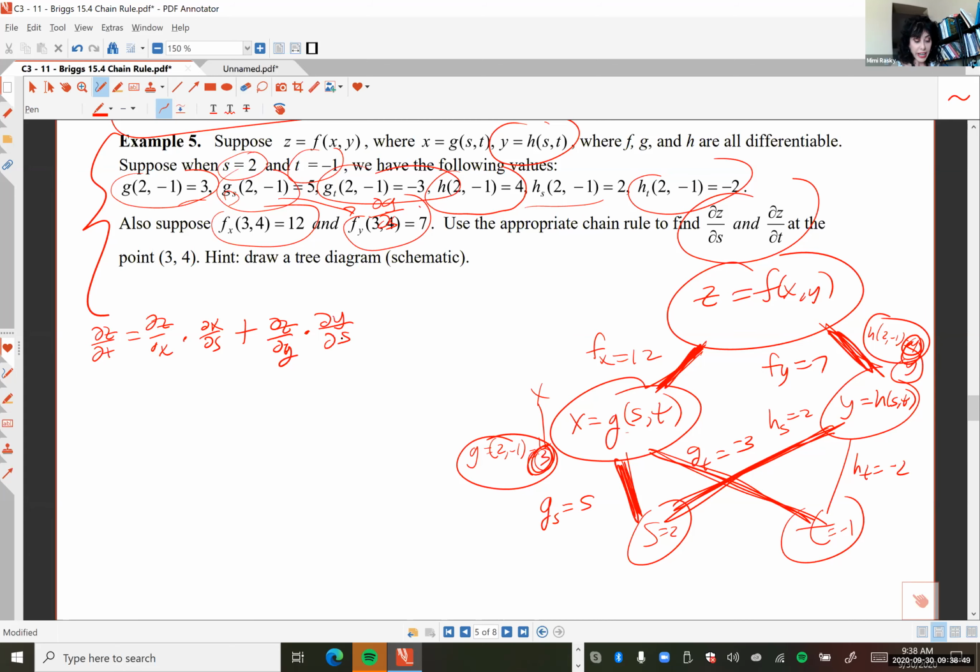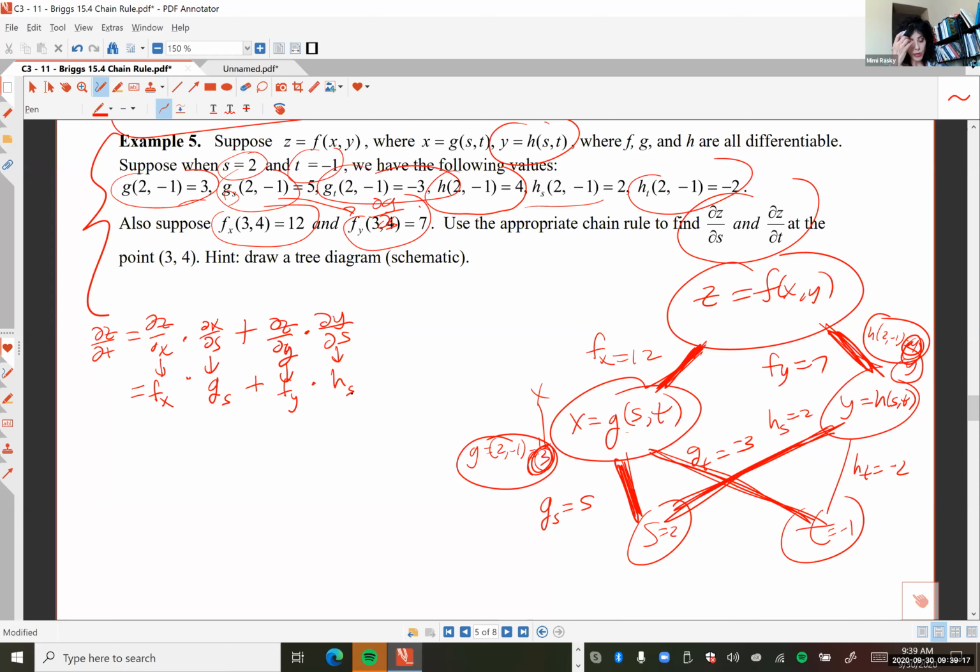But the alternate names and the alternate notation, you kind of have to know a lot just to do this problem. Otherwise, even though it's pretty easy, dz/dx is the same as f_x. And dx/ds is the same as g_s, because the alternate name for x was the g function. Plus, dz/dy is the same as using the notation f subscript y, and dy/ds, since y's alternate name was h, that's h_s.